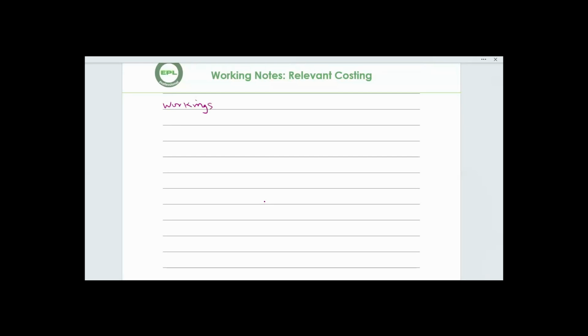So your working will be based on the activity level or the options that you have in the question. We have option to produce 25,000 units. So I will come here, 25,000 units, 35,000 units, then shut down.